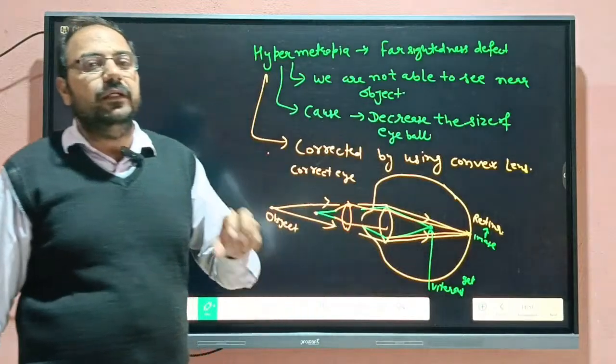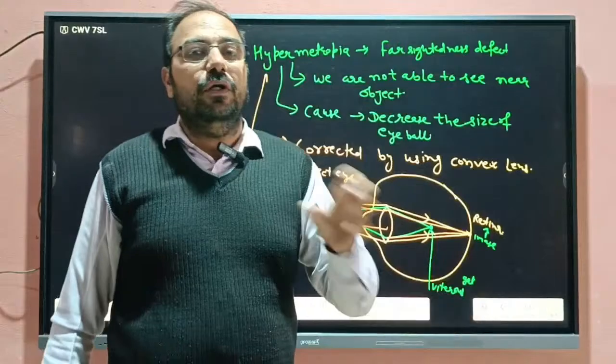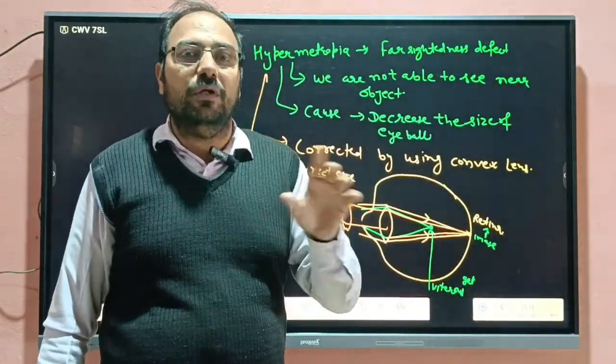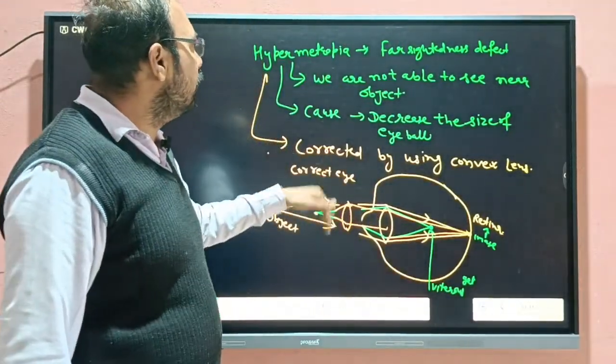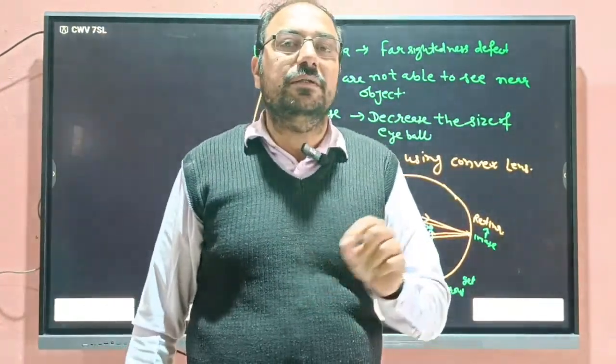So basically this defect is corrected by the convex lens, and in myopia that defect is corrected by the concave lens. So these are the main defects. These defects are due to damage of the ciliary muscles.